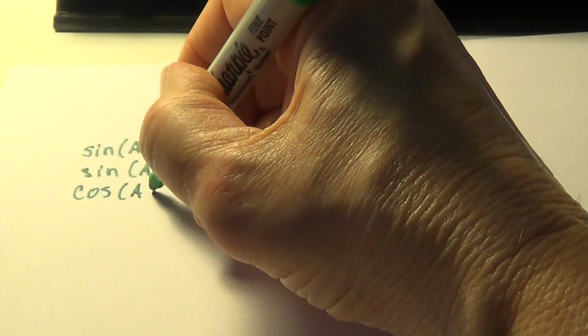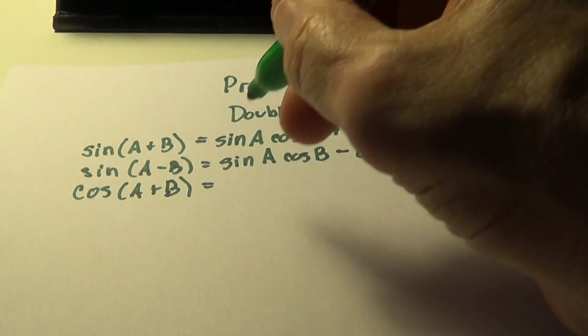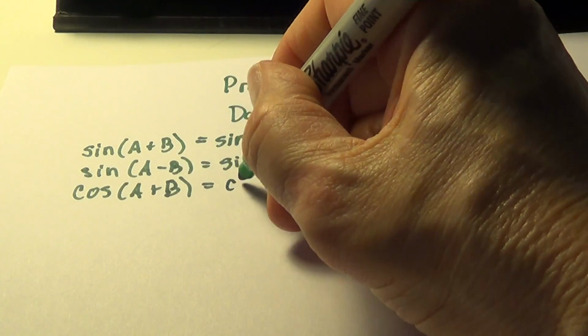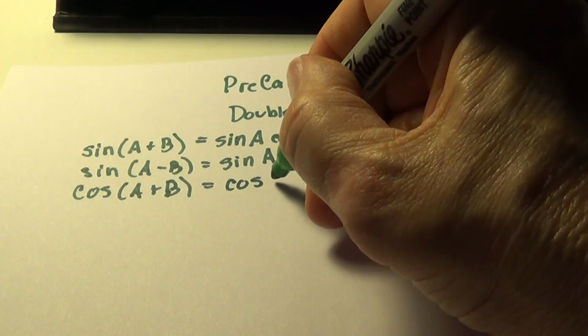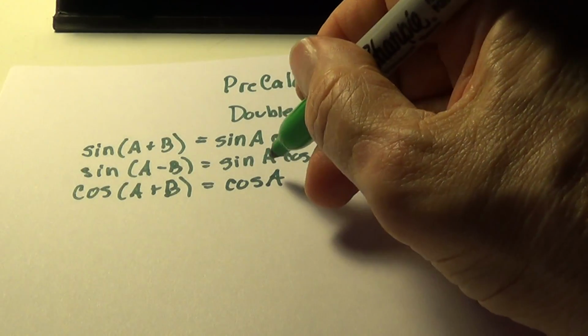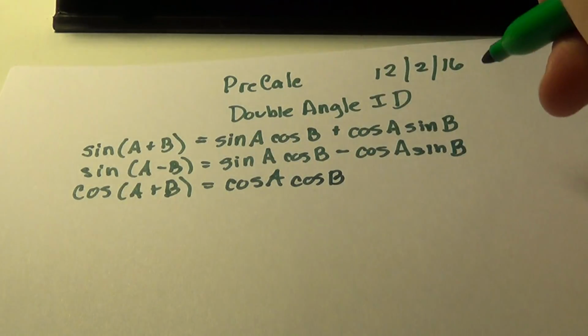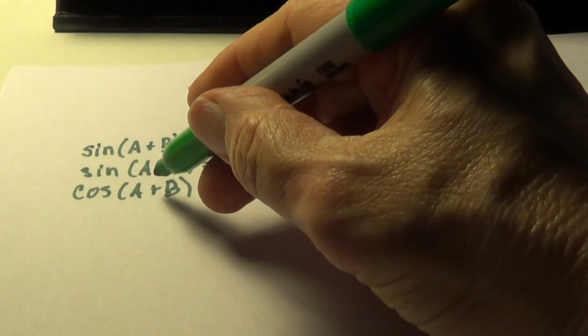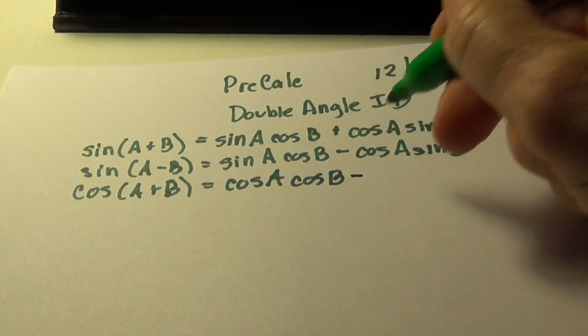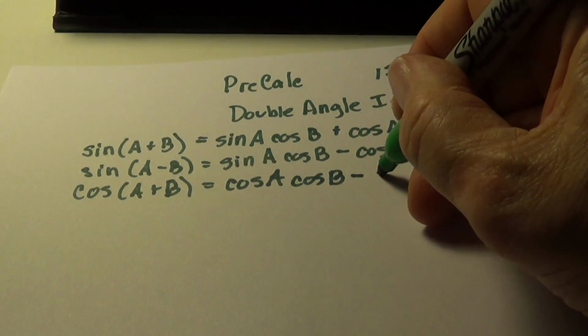We go to cosine of a sum. Whereas sine starts with sine, cosine of a sum starts with cosine. To be different from sine, it's going to be cosine A, cosine B. And when cosine is plus, the expression contains a negative.